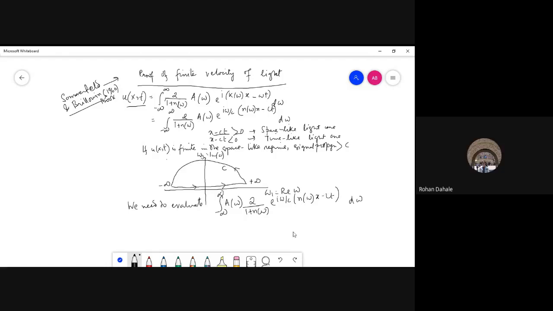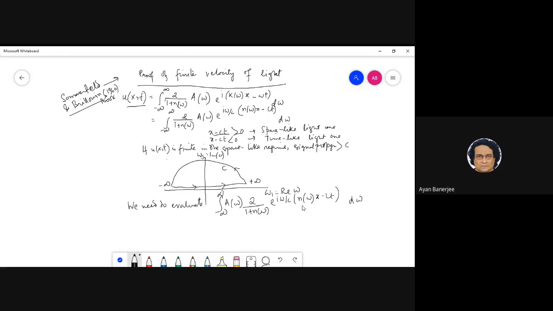Sir, if we take just the upper half of the plane, the exponent is non-zero, which will make u of x comma t non-zero. And if u of x comma t is non-zero in this regime, then the velocity is higher. So if we can show that this is non-zero, then you are having signals going faster than light.